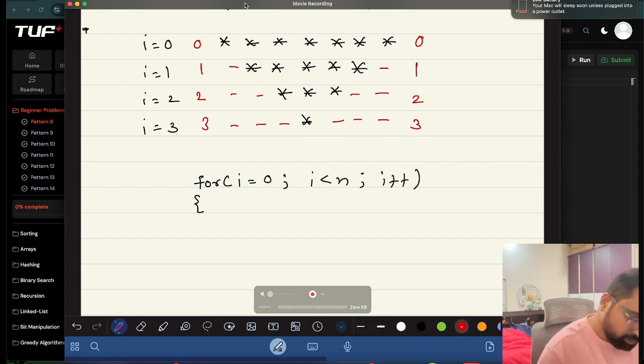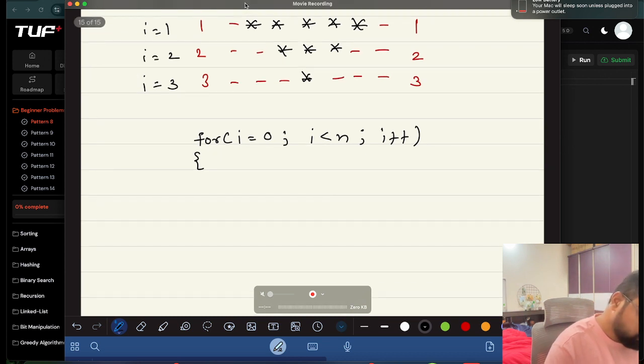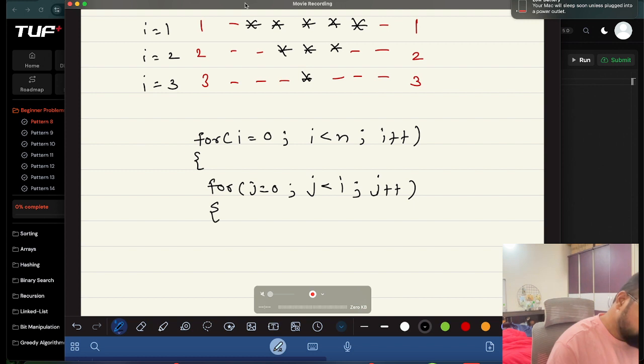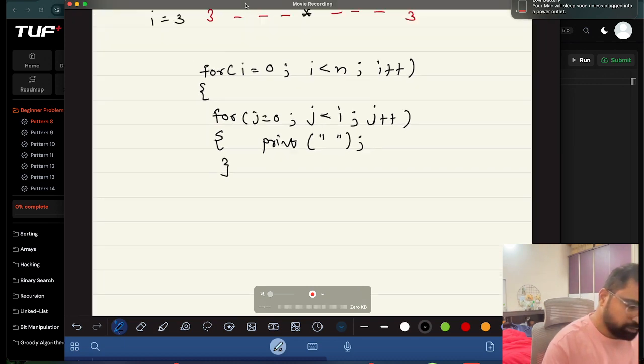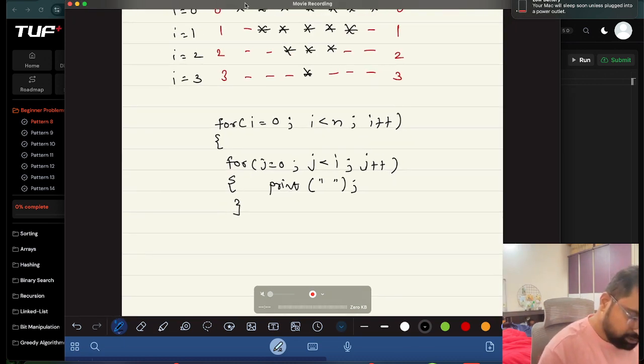So what we will do here is for j equal to 0 and j is less than i, j plus plus, and we will print a space here. Okay, and the same for loop will be there for the ending spaces also.